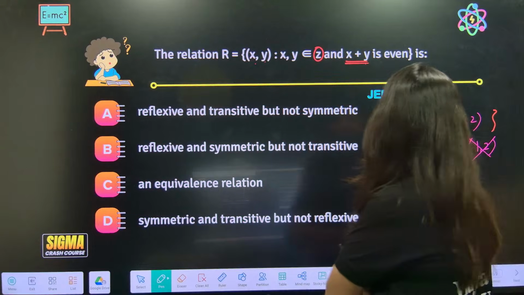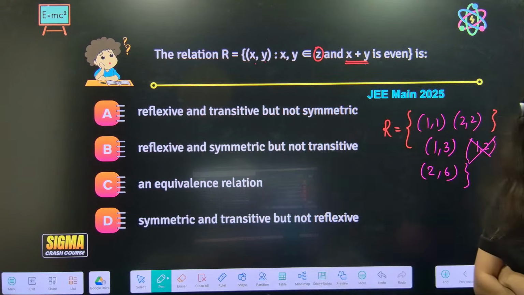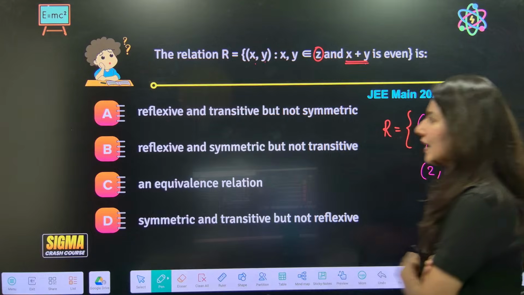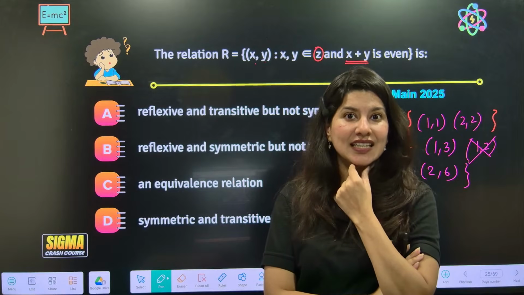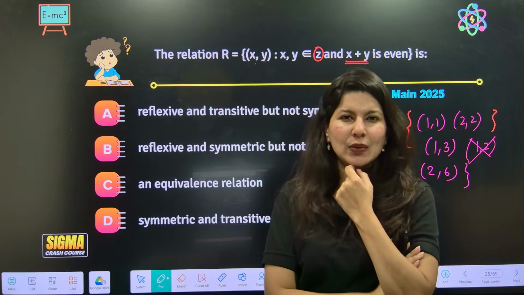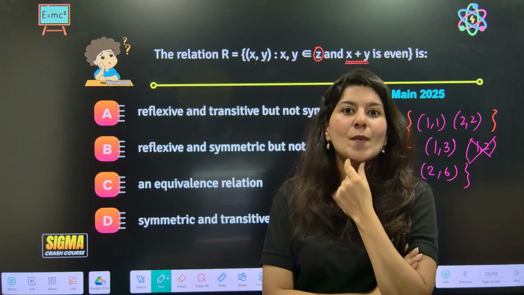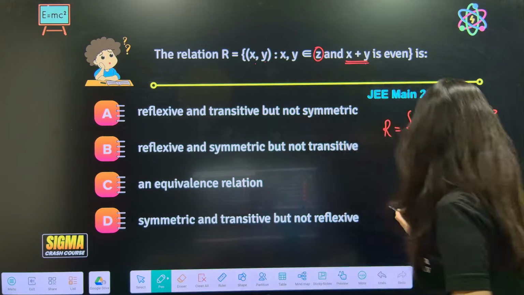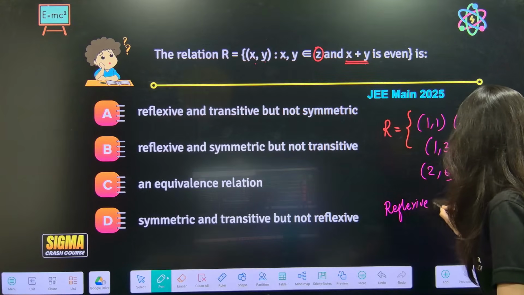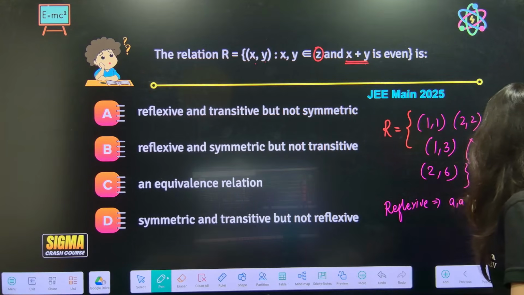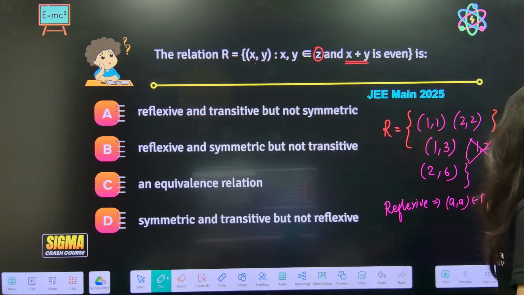Now tell me whether this relation is reflexive or not. Integer is your set, and the relation is defined on integral values. Reflexivity means what? That (a,a) should sit inside my relation where a belongs to all integers.